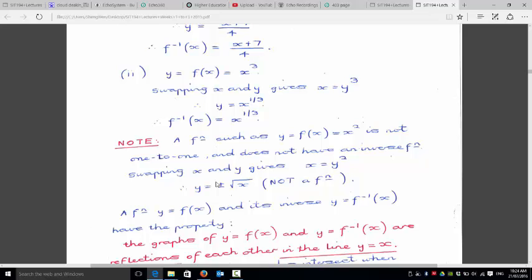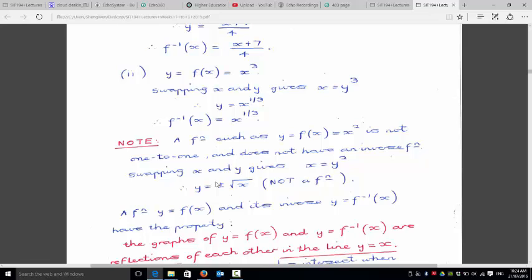Right now we understand that the inverse function is based on the one-to-one function. But given a function that is not one-to-one, if we want to get the inverse function, what should we do?